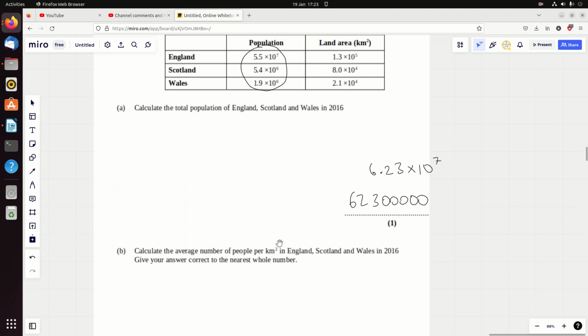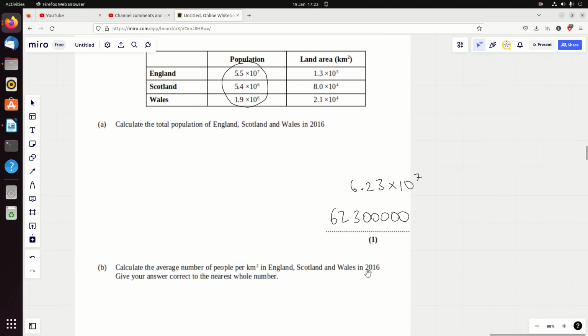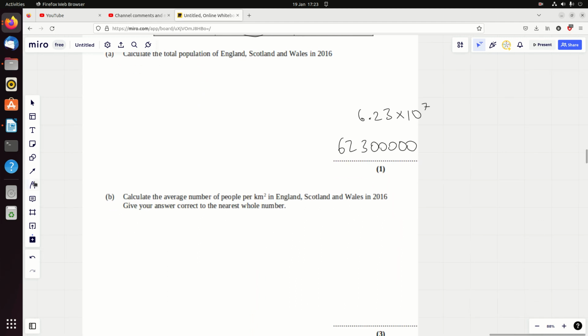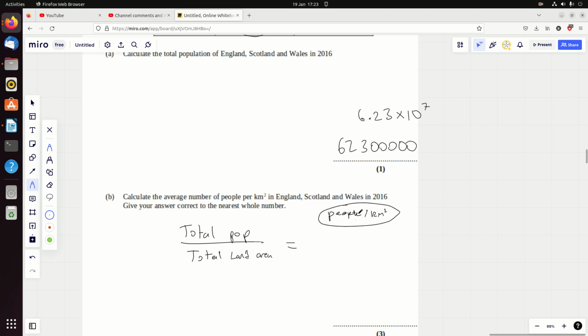Okay, calculate the average number of people per kilometre squared in England, Scotland and Wales in 2016. If you ever do averages like this, you need total population divided by total land area. You might wonder why it's that way round. Well, look, it's people per kilometre squared. The units tell you the formula. That tells you I'm going to do population divided by land area.